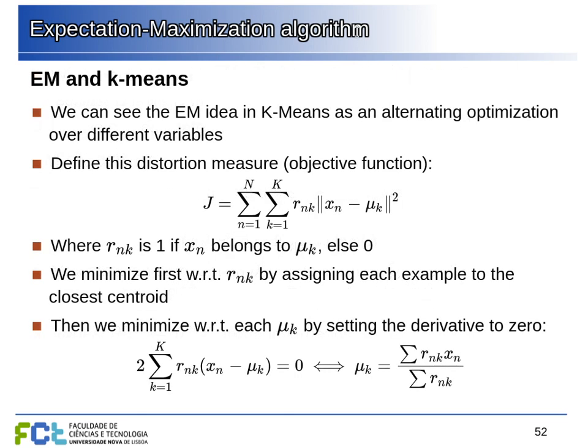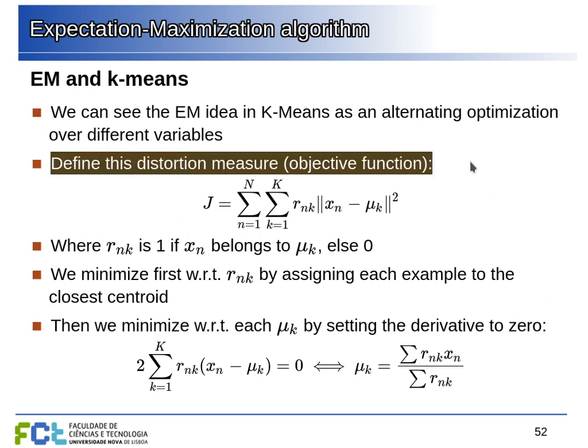So we can see k-means as a sort of simplified instance of expectation maximization. It's not quite expectation maximization because we don't have these probabilities, but we can see the idea here. Let's suppose that we have this distortion measure.